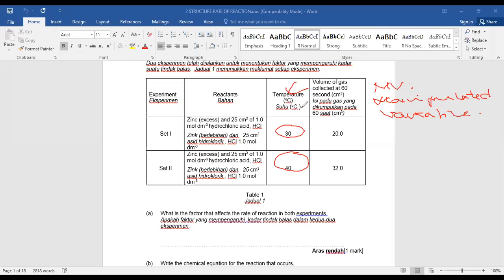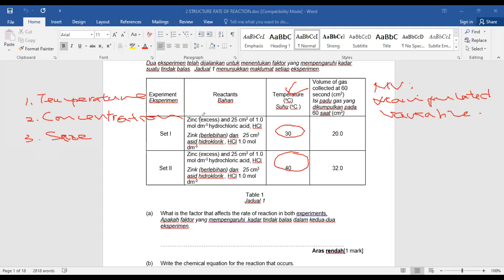Okay. Now, for your information, there are 5 factors which affect the rate of reaction. Factor number 1, it will be what we are learning today, the temperature. Factor number 2, it will be the concentration. Factor number 3, this one will be the size of substance.